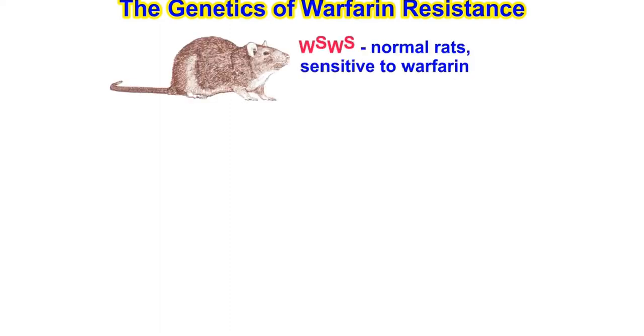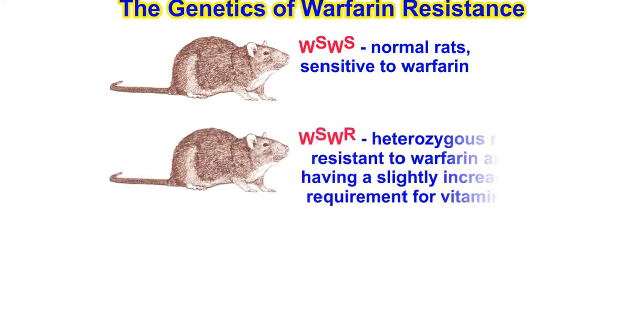Another example, genetics of warfarin resistance in brown rats. It's a little bit like the previous example. So we've got normal rats. These are the best favoured if there's no rat poison. If people don't put down this warfarin rat poison, then the normal rats, SS, are favoured.